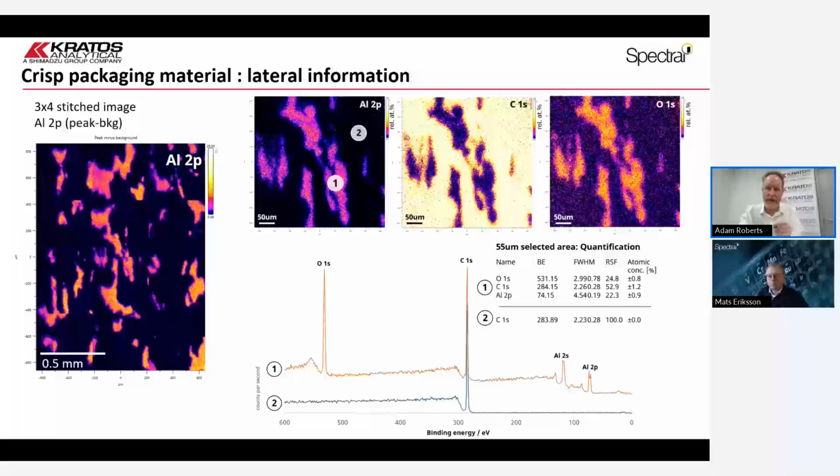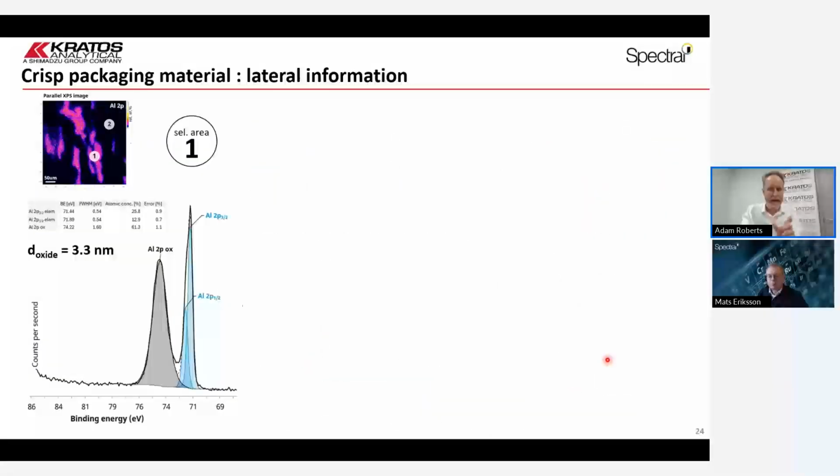So we can use the fact that we can determine not only the elements present, but also the chemistry present by looking in greater energy resolution in the spectroscopy. And again, we see our aluminium and aluminium oxide. By taking the ratio of those two components, we can work out a thickness of the passivation layer. So indeed, we've got a non-homogeneous area with holes looking through to this alumina area.